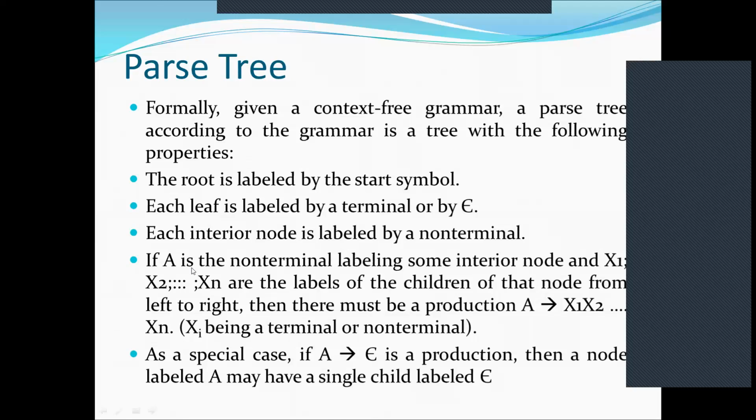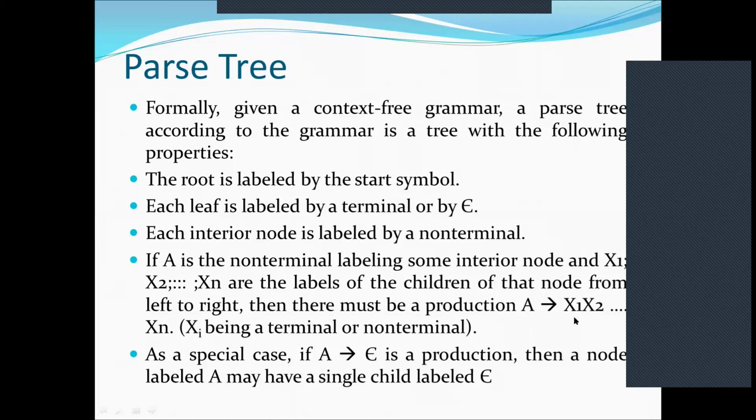So if A is the non-terminal labeling some interior node, and x1 up to xn are the labels of the children of that node from left to right, then there must be a production A can have the form of x1 to xn. This is the production formula.